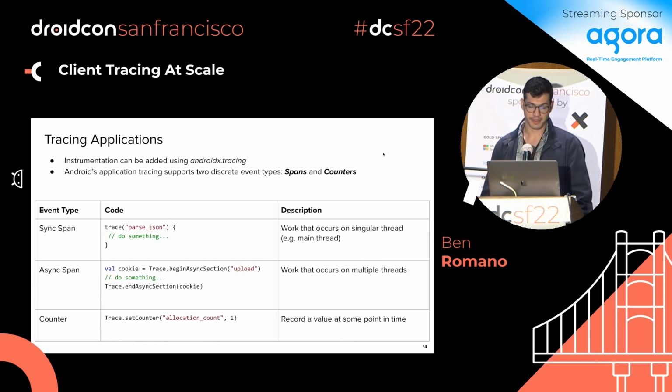And secondly, there are async spans for tracking work that may span multiple threads. For example, if you click a UI element and you want to do an upload, that may finish off with an upload on a background thread, and so you want to track that user journey throughout the app. And lastly, there are counters for just recording values over time.